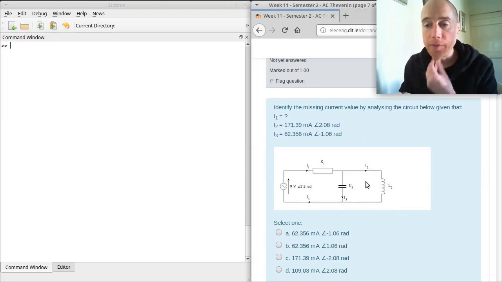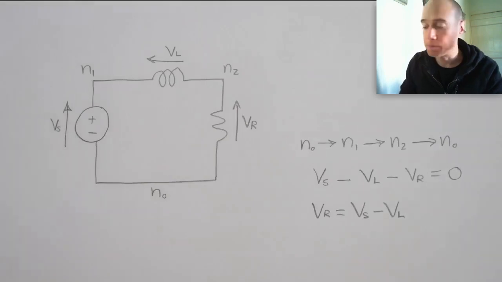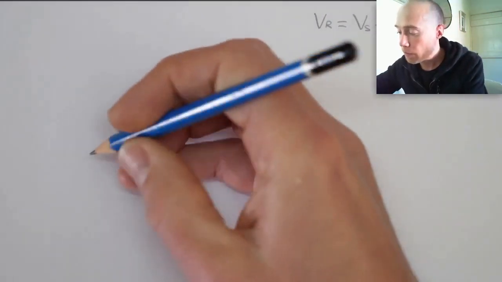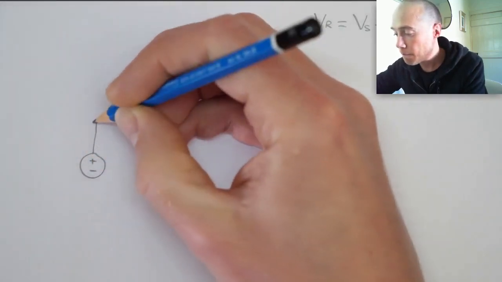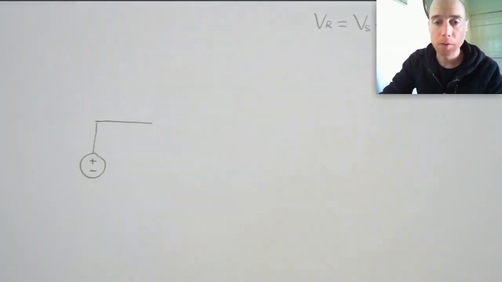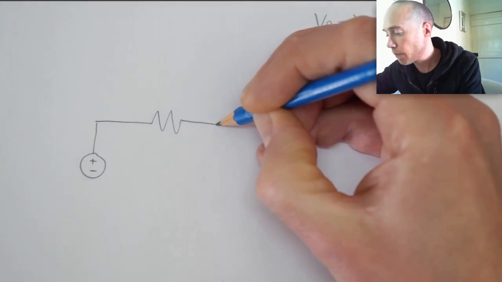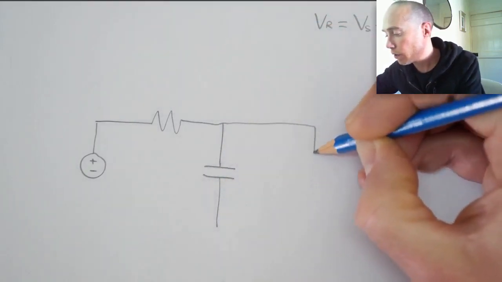For this circuit here, we've got a voltage source, a resistor, capacitor and inductor, and we're interested in the currents at this node here. So let's just draw this one out on paper. So I have voltage source, resistor, capacitor and inductor.